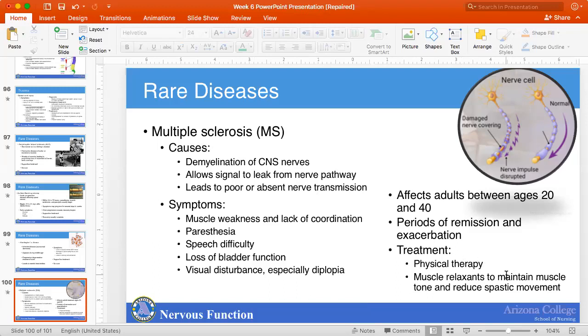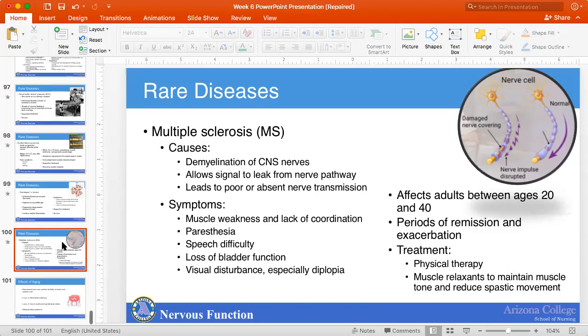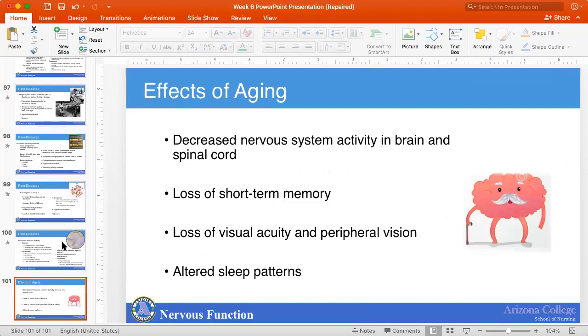Treatment would be physical therapy and muscle relaxants to maintain muscle tone and reduce spastic movement. Then some of the effects of aging: decreased nervous system activity in the brain and spinal cord, loss of short-term memory, loss of visual acuity and peripheral vision, and altered sleep patterns.